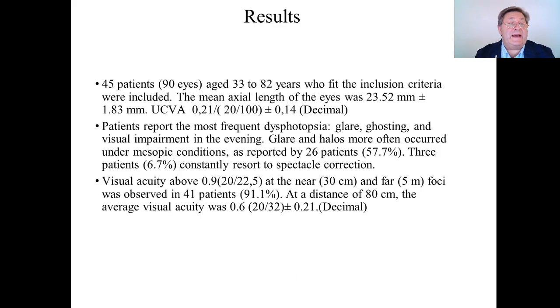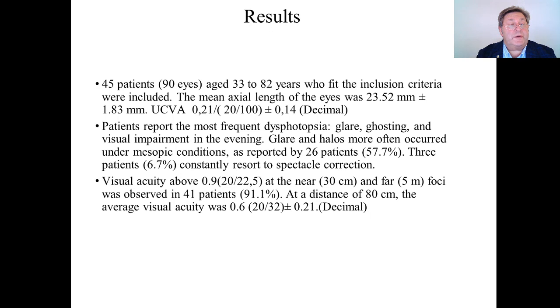45 patients, 90 eyes, aged 33 to 82 years, who fit the inclusion criteria were included. The mean axial length of the eye was 23 millimeters, UCVA 0.21 or 20/100.